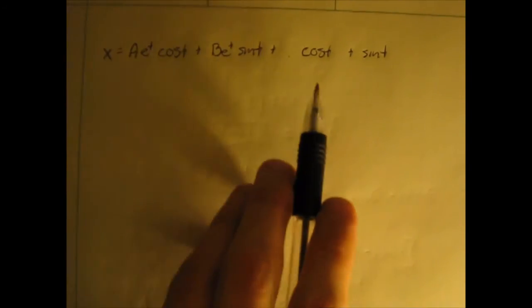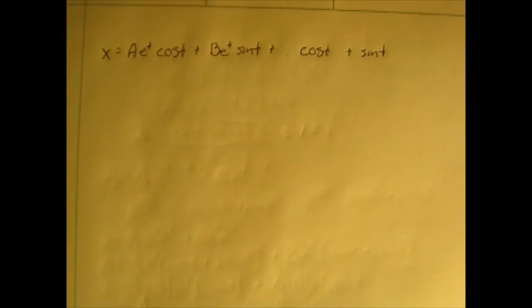There we go, and then we add our other solution, the one we're assuming. That's a tongue twister right there. So we have plus c cosine t plus d sine t. This is our assumed solution. It has coefficients that we just solved for, c and d.